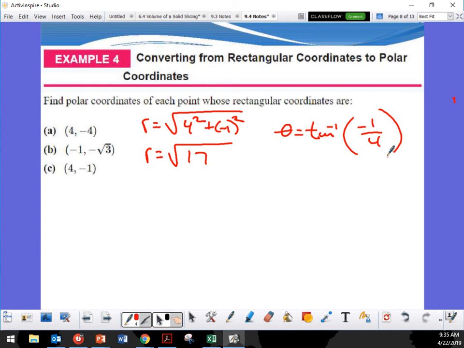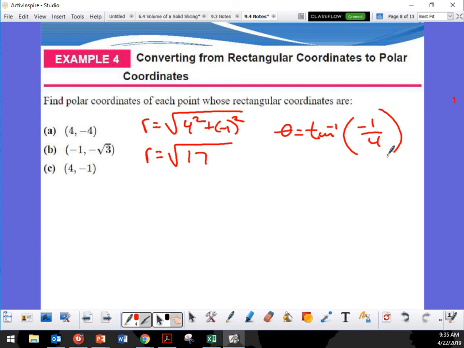What do we get? Did you guys get an answer yet? Negative 14.036 degrees.